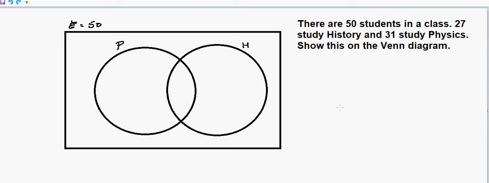So we've got 31 plus 27. So 7 and 1 is 8, and 3 and 2 is 5. Okay, so we have 58 students. Now we can't have 58 students because there's only 50 in total. So we've got 8 too many.